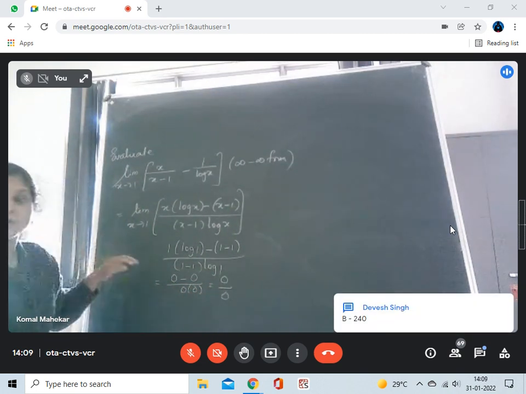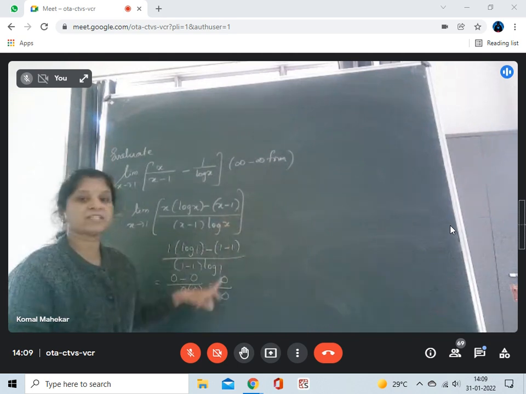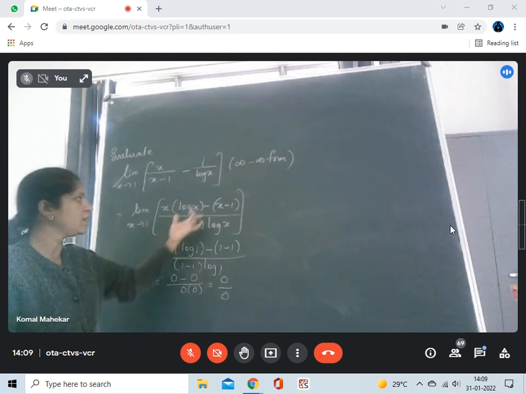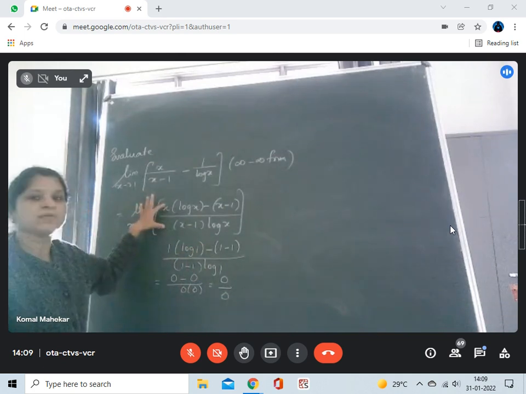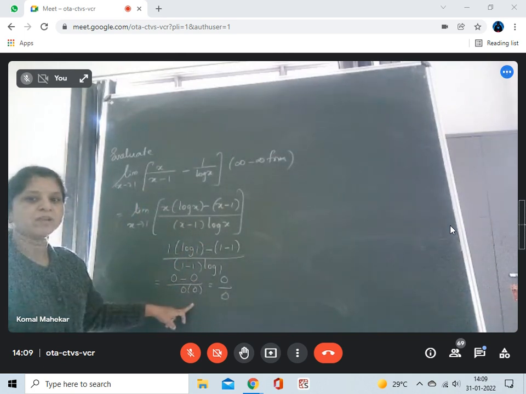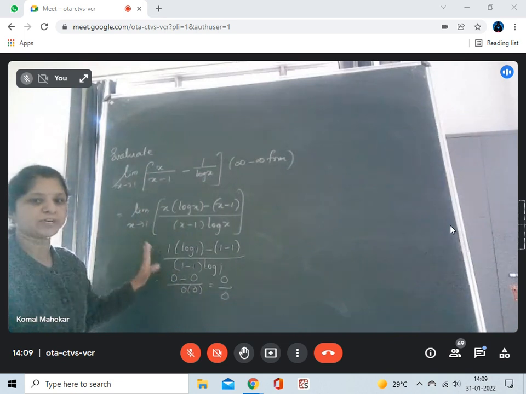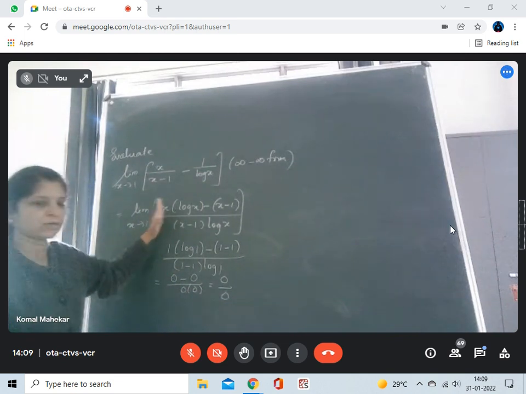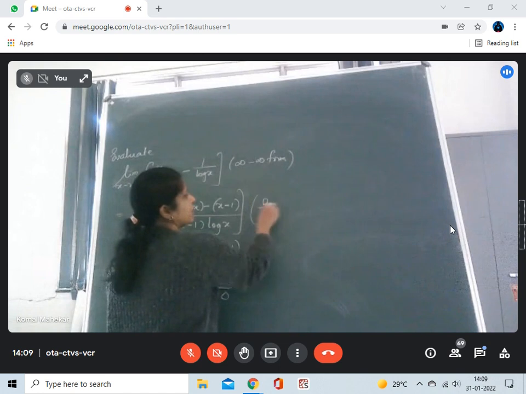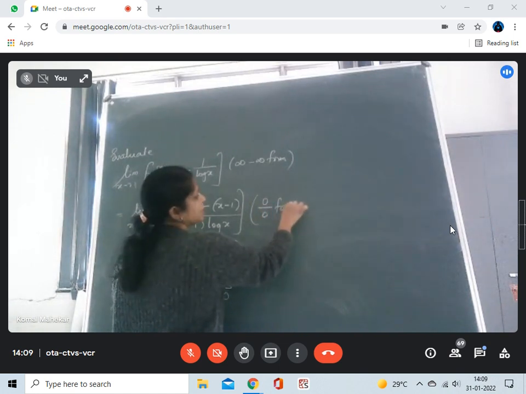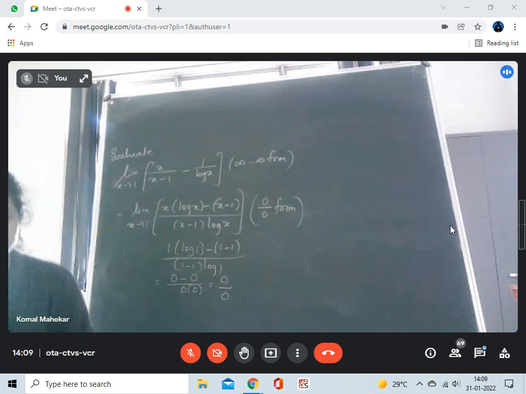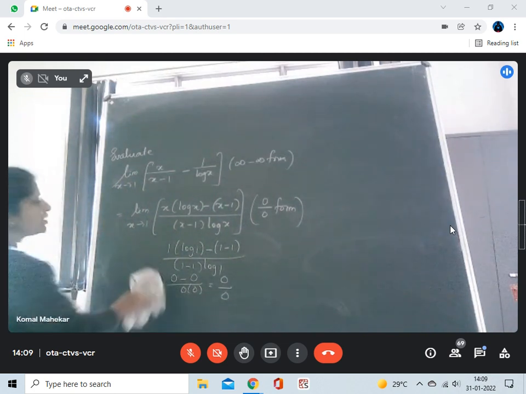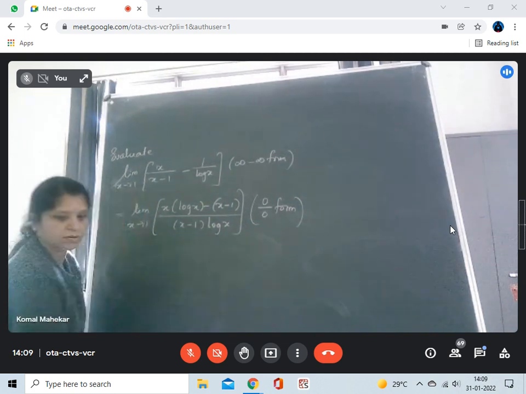The given limit is now in 0 by 0 form, so you can apply L'Hospital rule now. We converted infinity minus infinity into 0 by 0 form, and now we will solve this by using L'Hospital rule.